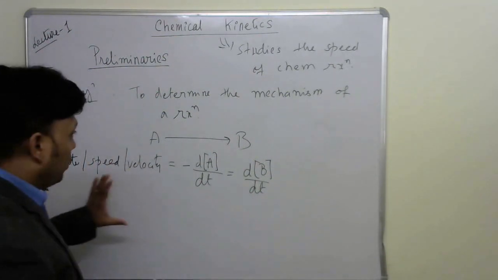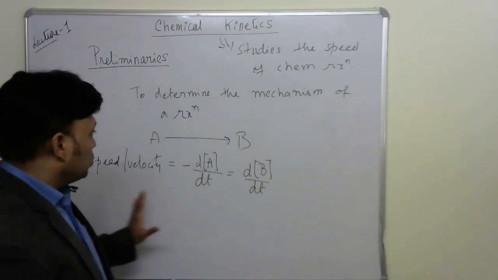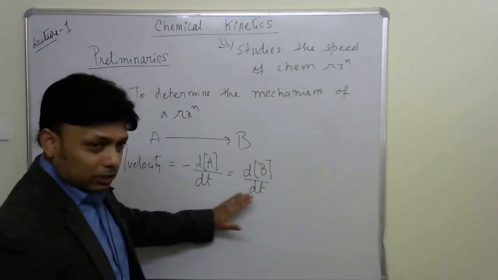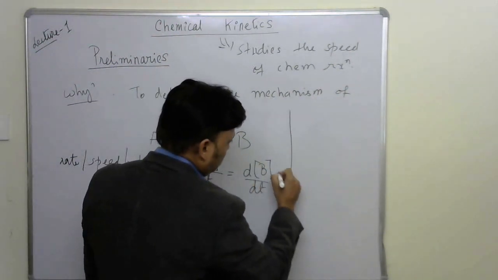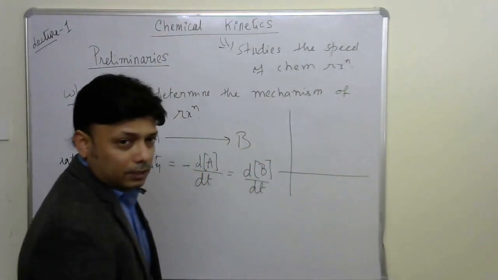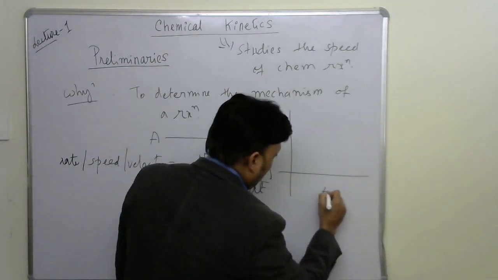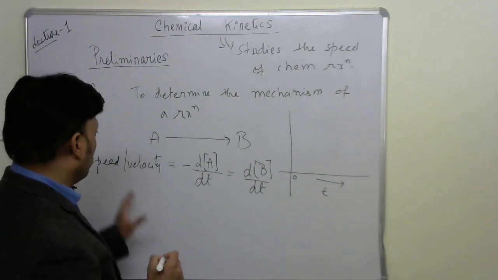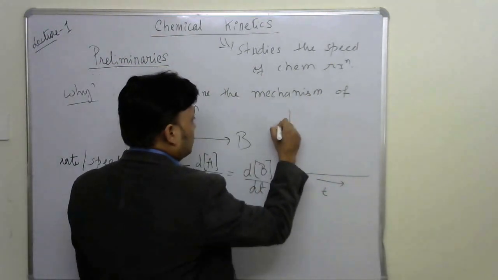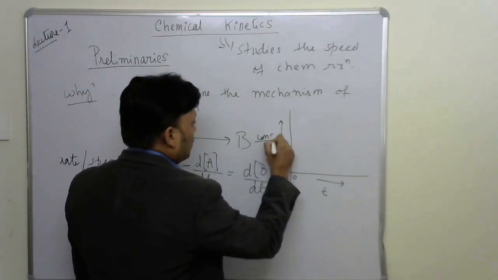If we are to express this change or rate in terms of a graph plot, how would the plot look? For example, this is my time axis, where time is 0, and this is my concentration axis.